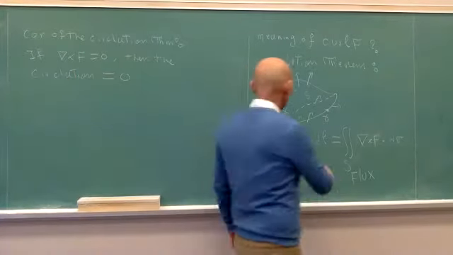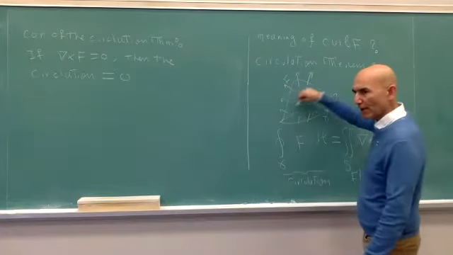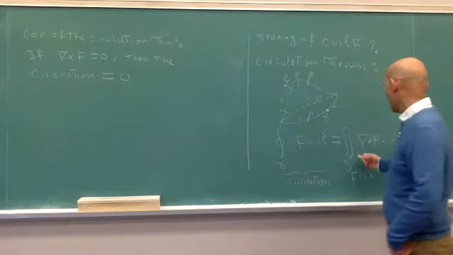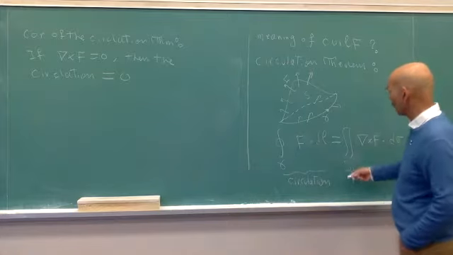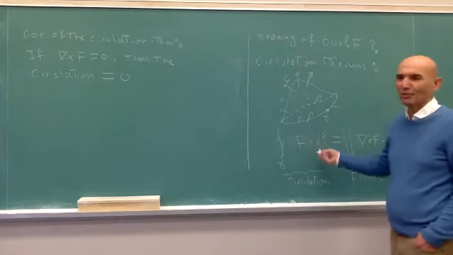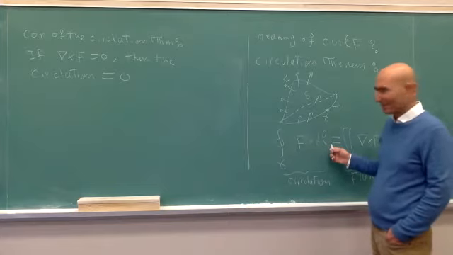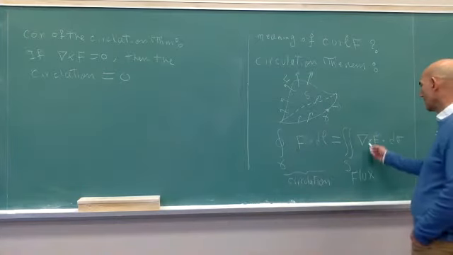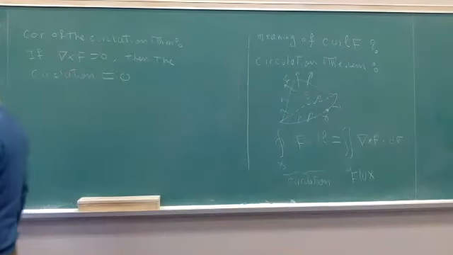The idea of circulation is how much this vector field is moving around this path. If this curl is equal to 0, then this is 0. If this is true for all surfaces and for all boundaries, you can convince yourself that it is going to be true independent of even the integral sign, so the inside has to be 0. That's not difficult to see. So the idea is that curl of F measures the amount of circulation of the vector field at a point.